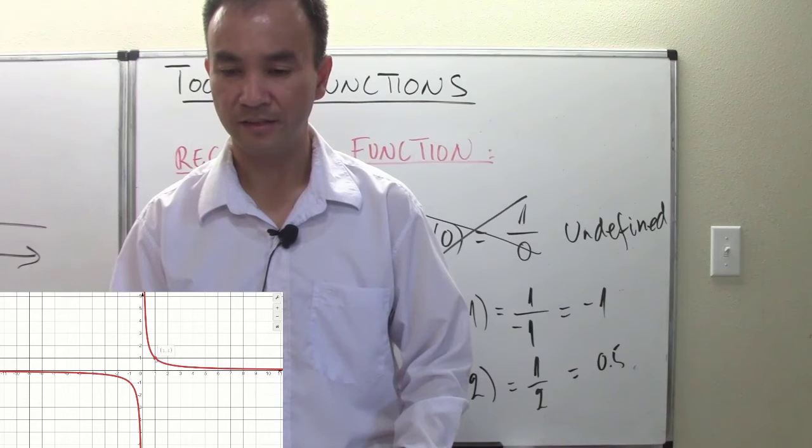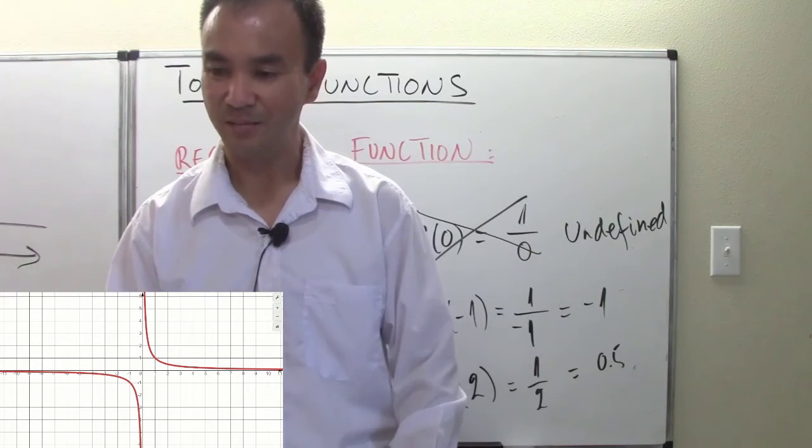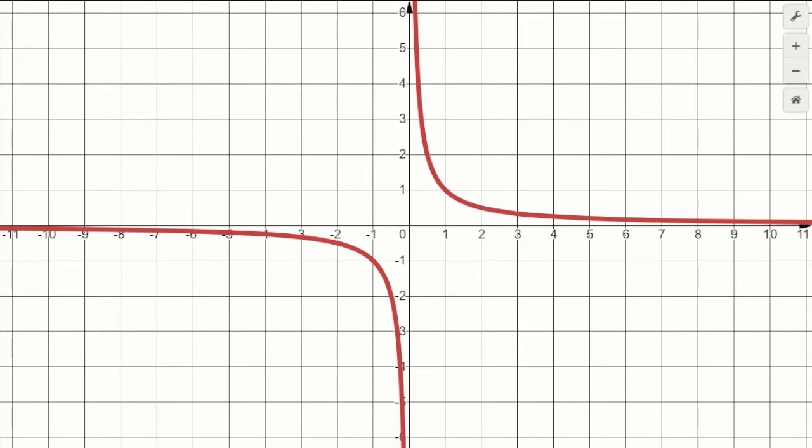Let me put it in even closer zoom, a completely full screen right here. When x equals 1, we have 1 comma 1. When x equals -1, we have an output vertical height of -1. Okay, so -1 comma -1.